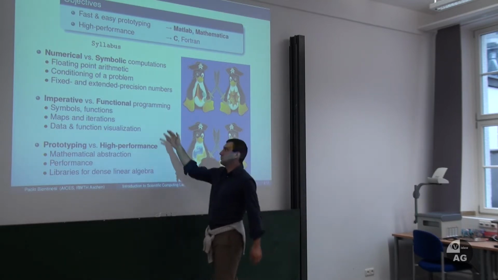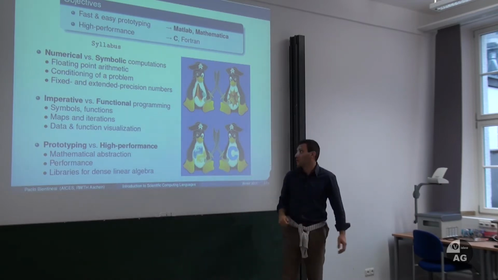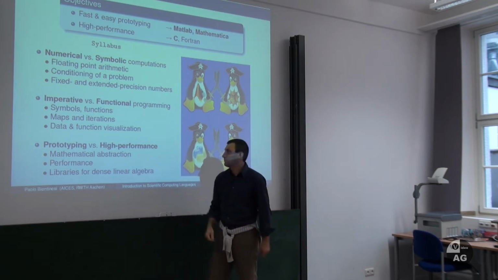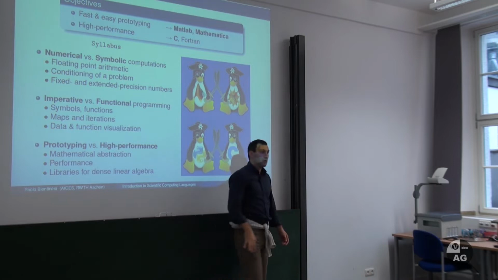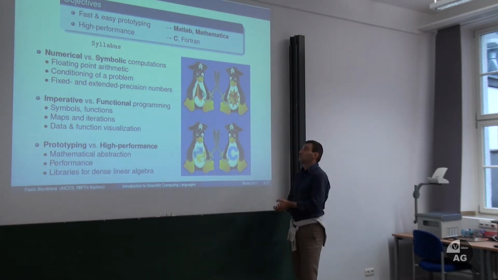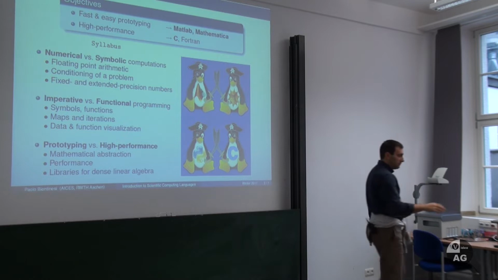After Matlab, we will look at Mathematica, and Mathematica follows a functional programming style. So we will look at other contrasts. And then the final part of the course will be on high performance. So we leave Matlab and Mathematica in the back, and we look at C.